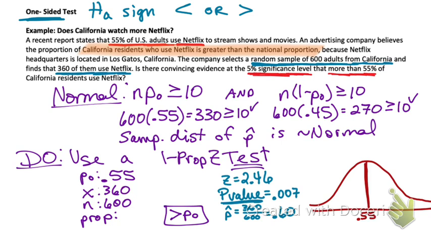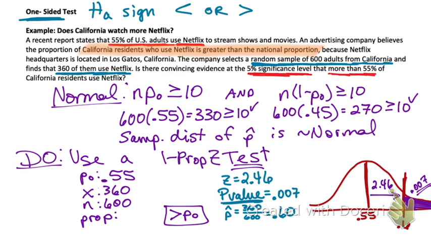We got a sample that was at 0.6. That was our p hat, and that is 2.46 standard units from where it should have been. And the p-value, the probability of being as extreme or more extreme than that, is 0.007. That's the whole picture and how all these things come together. Questions about that?